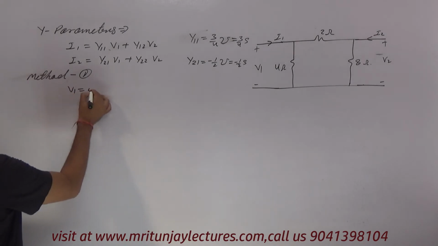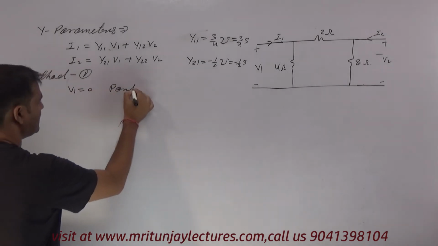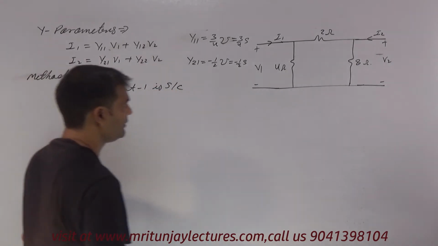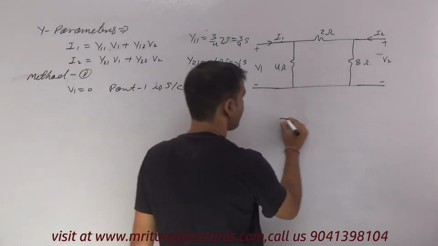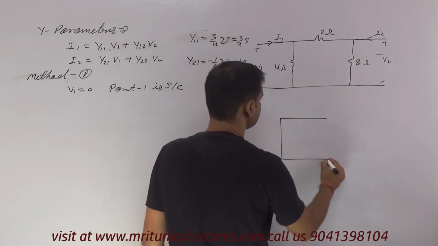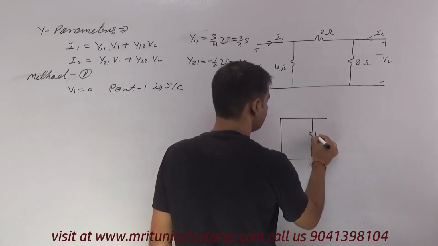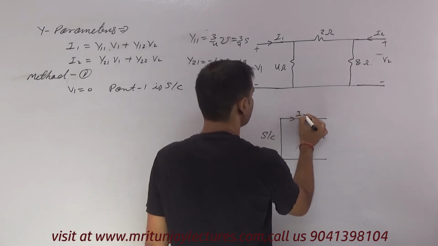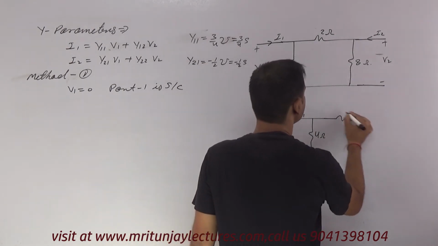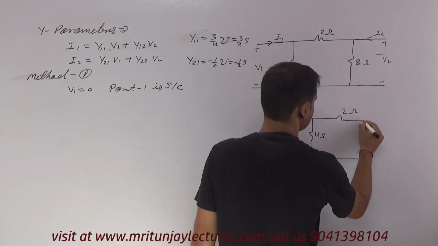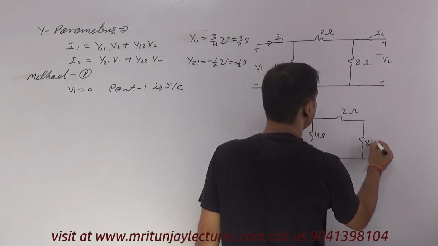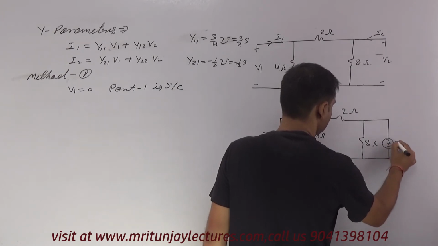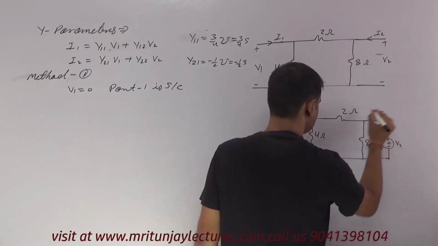Now the next target is, if V1 is equal to 0, it means port 1 is short circuit. If port 1 is short circuit, the circuit has 4 ohm, I1, 2 ohm, 8 ohm, and plus minus V2 and I2.